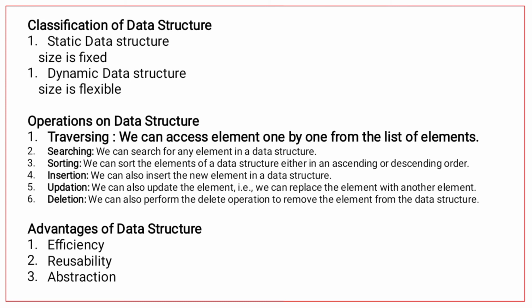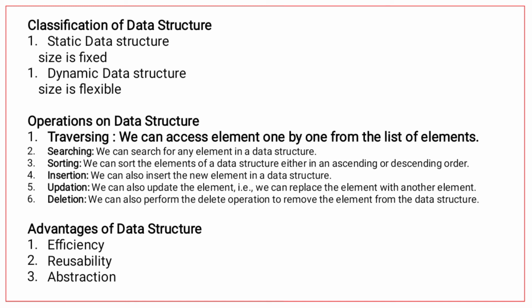Now, the next topic is what are the different operations of data structure. The major or common operations that can be performed on data structures are, first, traversing. We can access elements one by one from the list of elements.